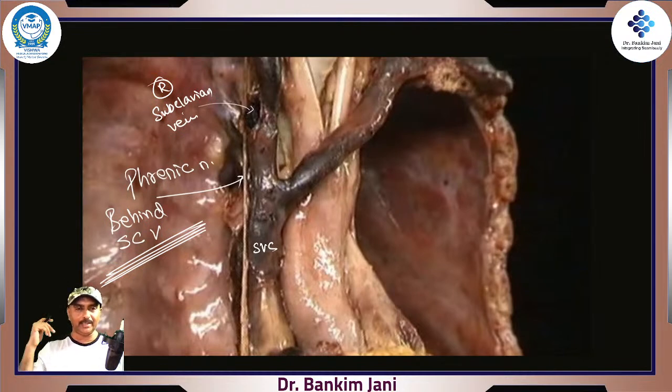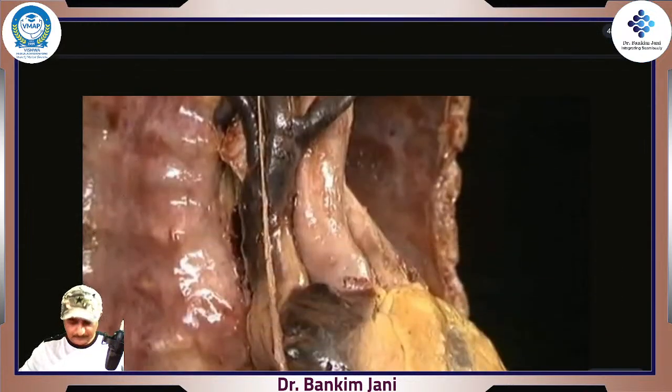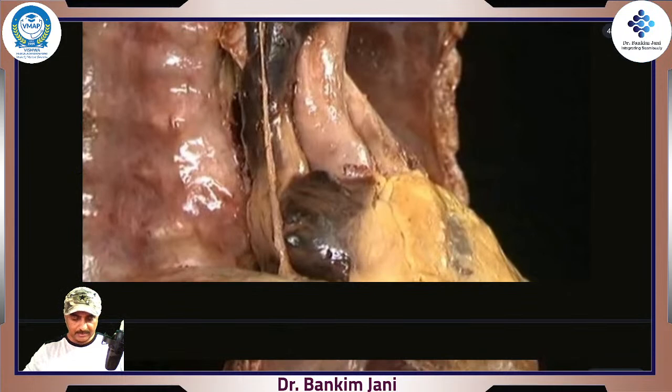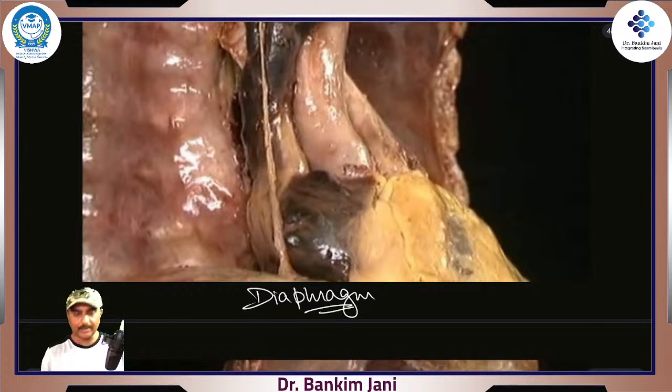Your understanding will be like a flash. Okay, let's go further. It goes straight away, on the lateral side, all the way to the diaphragm. Nice one, and it is sensory and motor to the diaphragm.